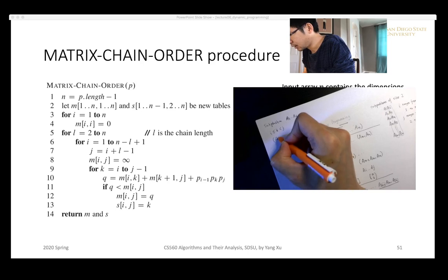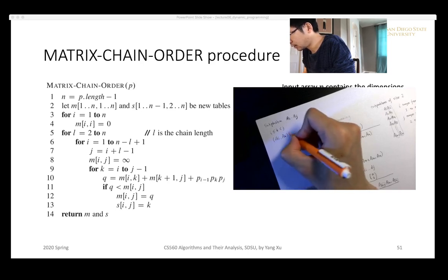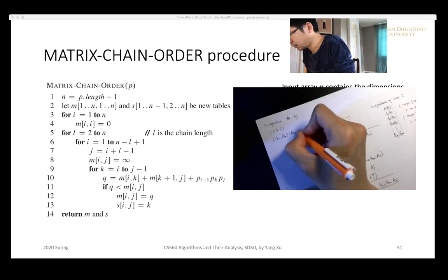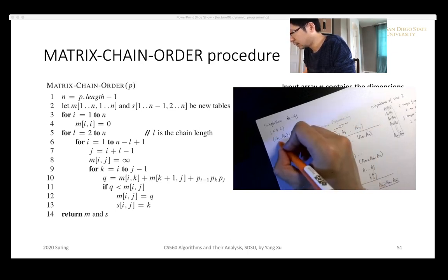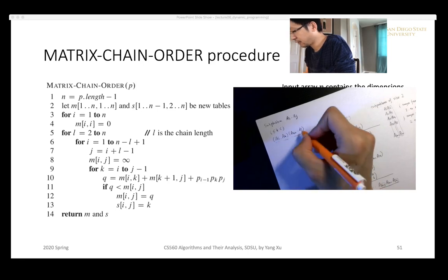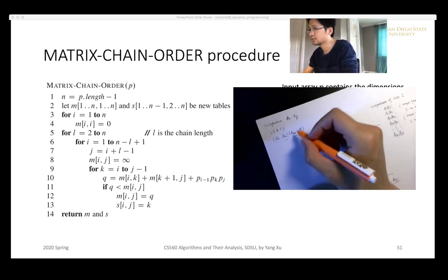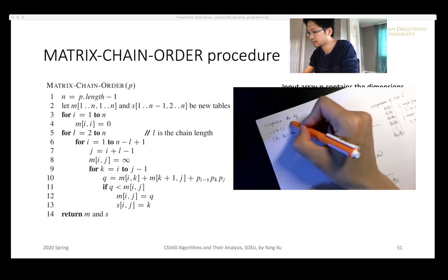We want to see that AI to AK times AK plus 1 to AJ, and these splits will give us the optimal solution to this subproblem. Okay?